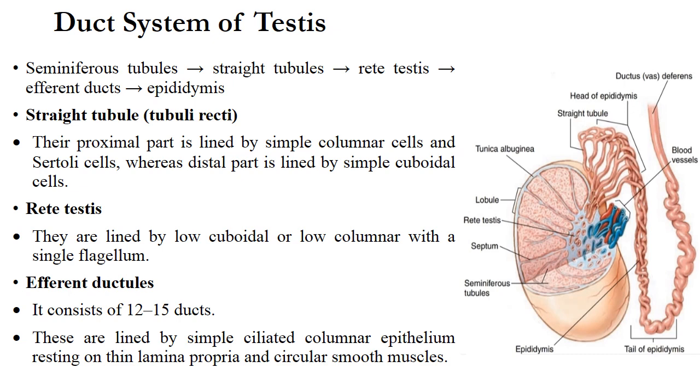Then the rete testis is a complex series of anastomosing tubules in the mediastinum, and it is lined by low cuboidal or low columnar cells with a single flagellum. And the efferent ductules collect the sperms from the rete testis. They have 12 to 15 ducts. They are lined by simple ciliated columnar epithelium, and they rest on a thin lamina propria, and they have circular smooth muscles.